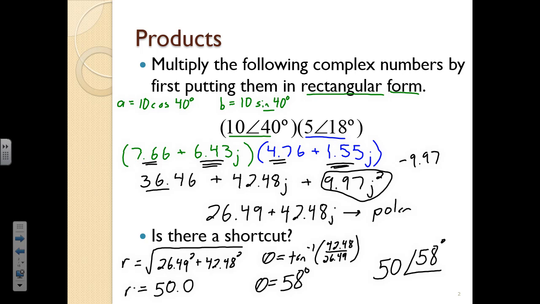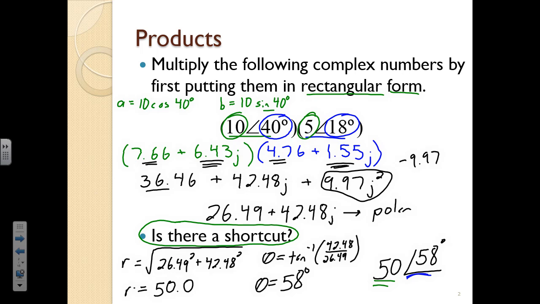And so I ask you, would there have been a shortcut to this? Okay, we started out with a magnitude of 10 times a magnitude of 5, and we got a magnitude of 50. And we had an angle of 40 degrees on the first one, a direction I should say, and a direction of 18 on the second number, and that gave us a direction of 58 degrees.